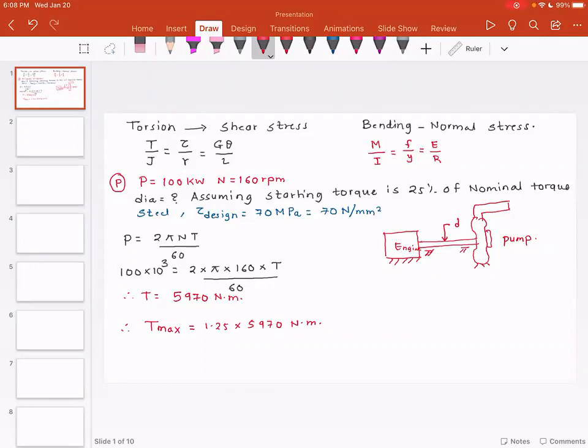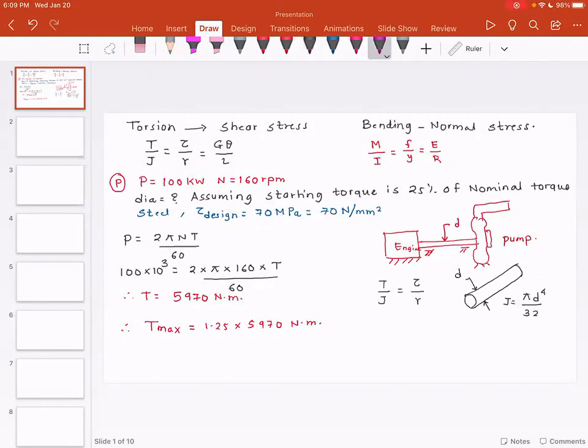Now for the shaft design, we are going to use the equation T divided by J is equal to tau divided by R. Now in this problem, they don't mention whether it's a solid shaft or a hollow shaft. For example, if it's a solid shaft, it is something like this, and this is the diameter D. And the value of J in the case of a solid shaft is pi d to the power 4 divided by 32.